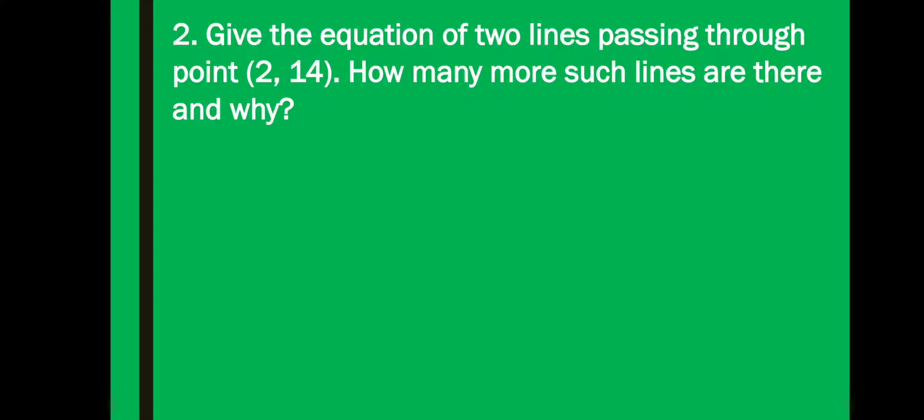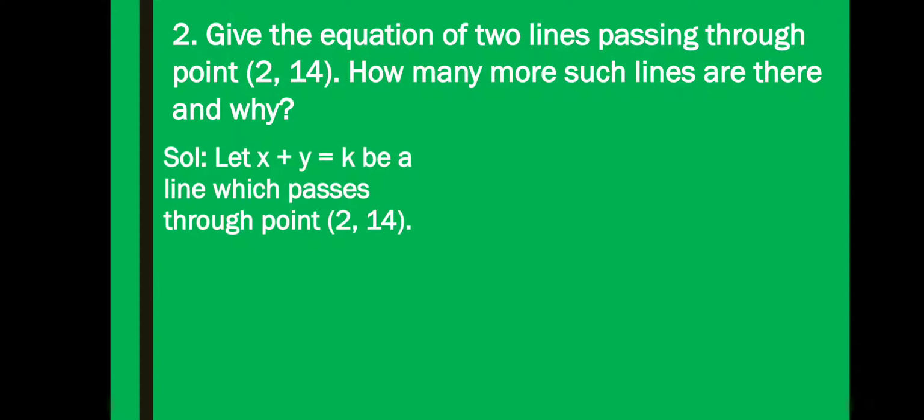So there are infinite lines which can pass through this point, but before that we will find two of them. First, let x plus y is equal to k be a line which passes through the point (2, 14).